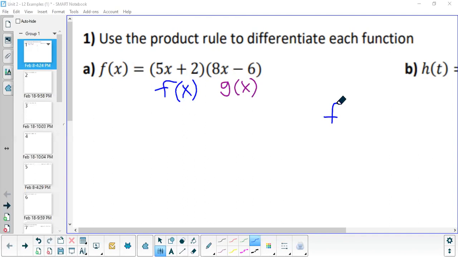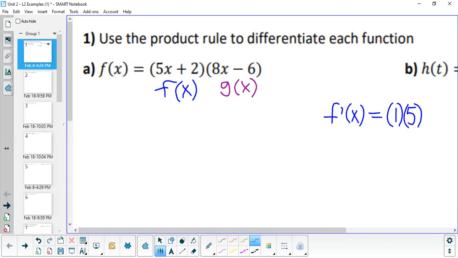So the derivative of my first function, f prime of x, you should be able to look at that function and figure it out. I'm going to start by applying the power rule. So we would bring the x to the power of 1 in front as the coefficient of this term.